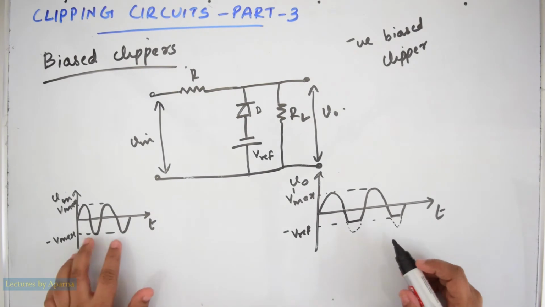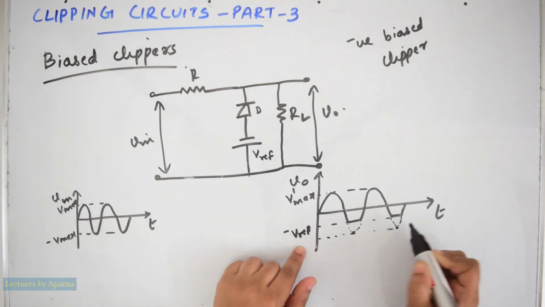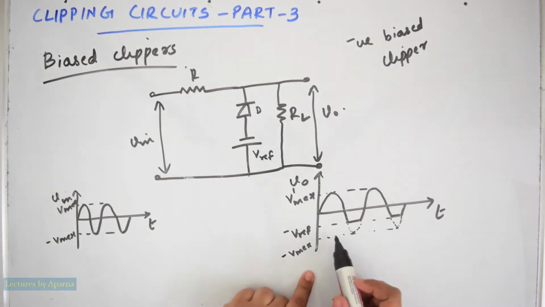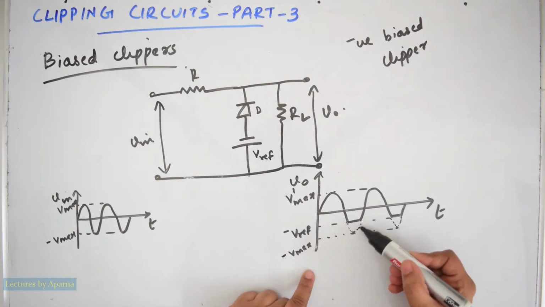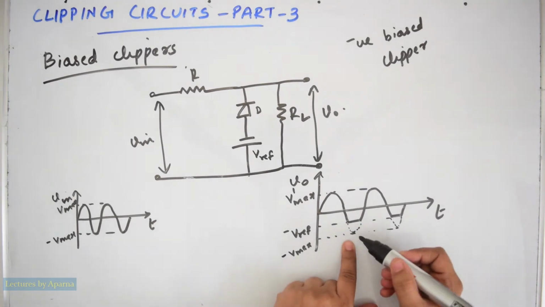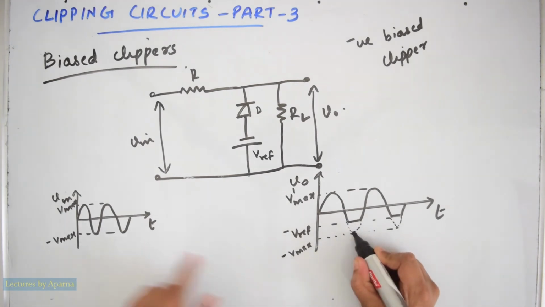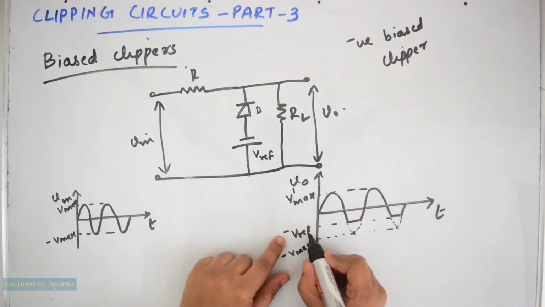So the input wave will be clipped at minus V reference and this is minus V max here. This is the clipped portion. This is actually the input waveform. Just I am showing here the input waveform, and the maximum voltage of the input waveform here is minus V max, but it's been clipped to minus V reference.